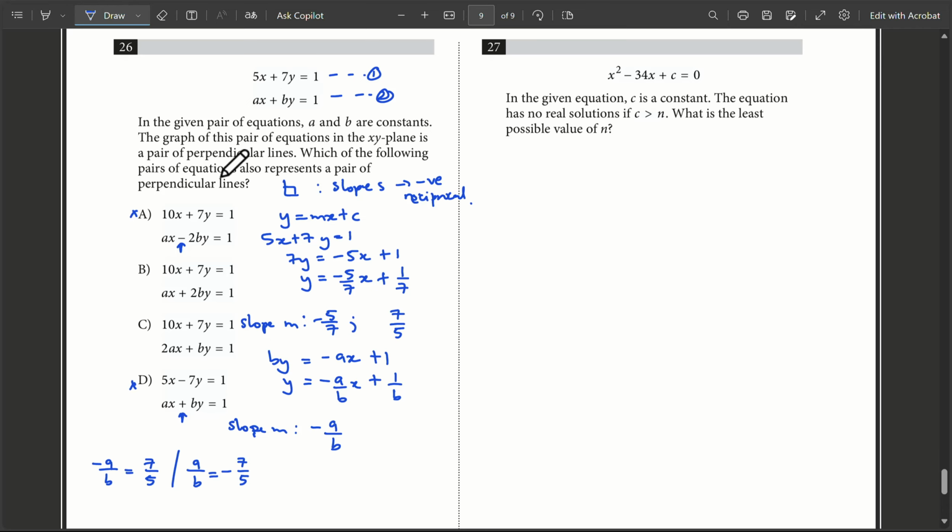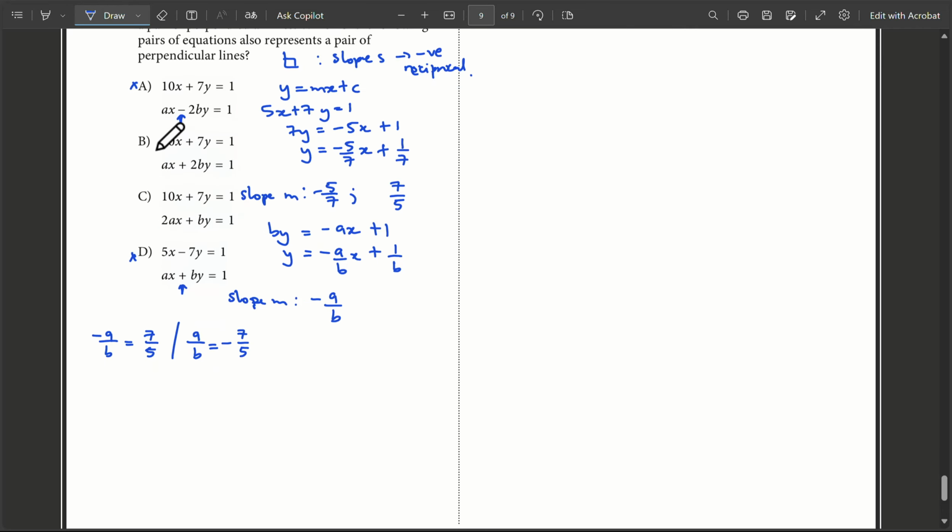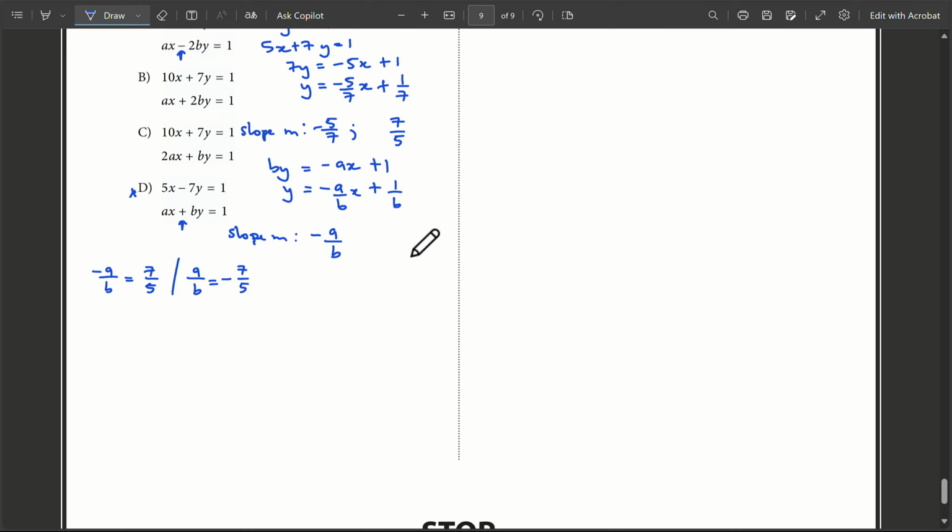So I'm going to start off with the equations from option B. This is going to be equation 1, and this is going to be equation 2. So we end up with 7y = -10x + 1. Then we divide both sides by 7 and we remain with -10/7 x + 1/7.